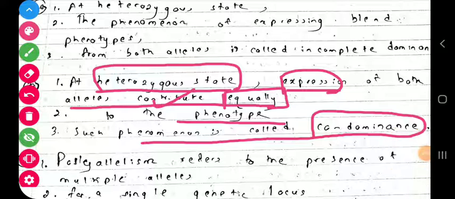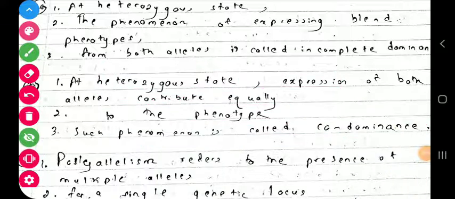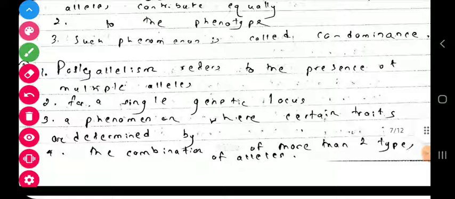Last definition for today, we'll continue it on another day, is this. Polyallelism. What do you mean by polyallelism?